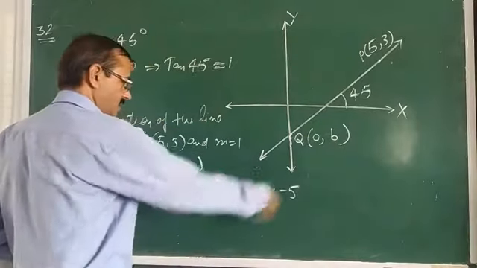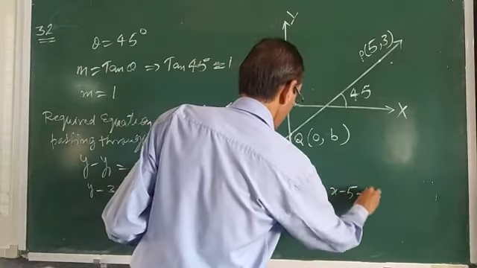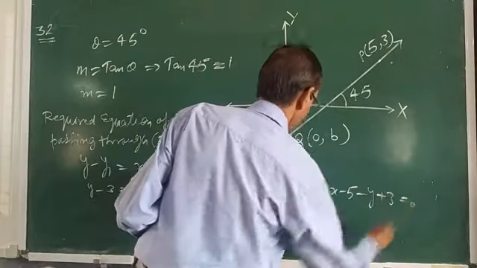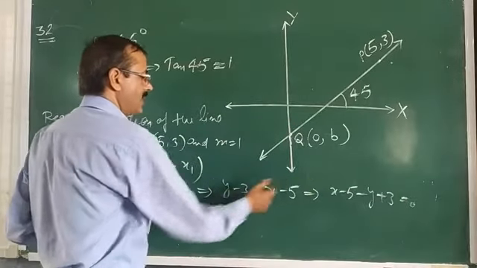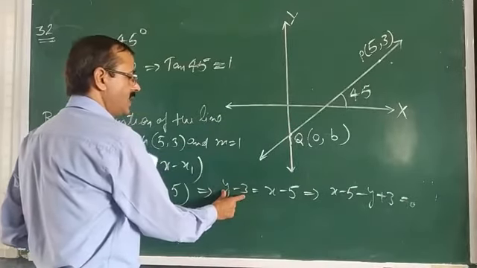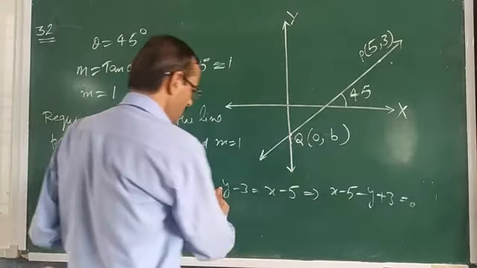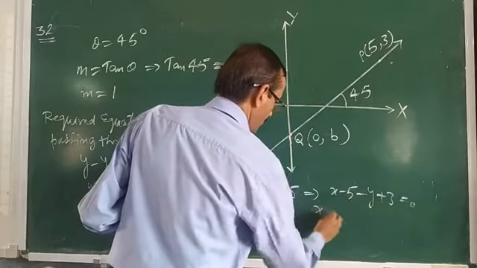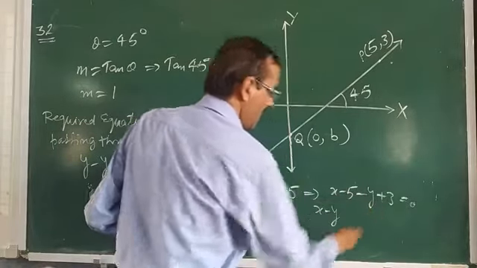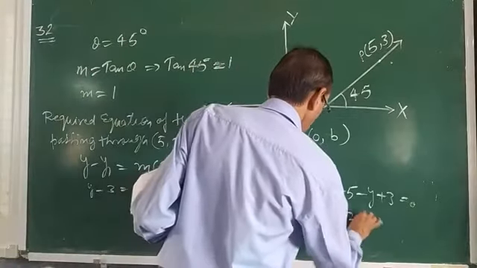Transpose to the right side, you will find that positive becomes negative and negative becomes positive. So x minus 5 minus y plus 3 is equal to 0. Now x minus y minus 5 plus 3, that is minus 2, is equal to 0.